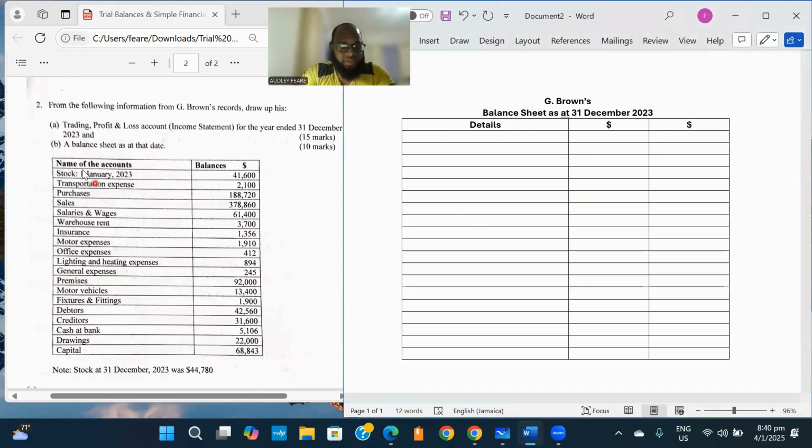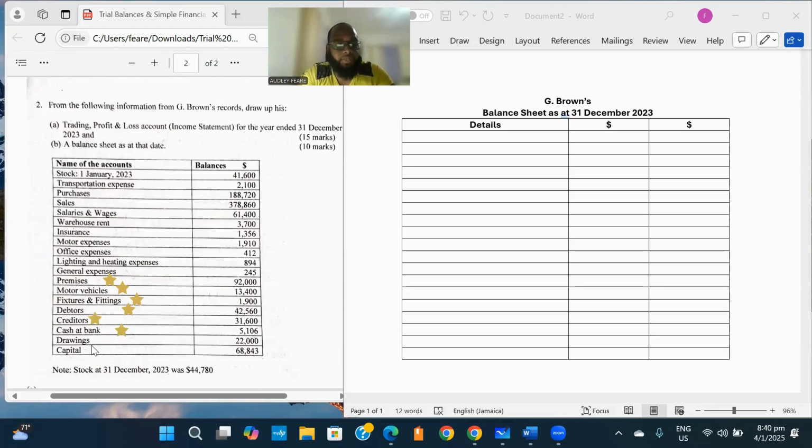So we know that everything up here, from stock to general expenses, we mentioned that they actually go into the TPNL. So for the balance sheet, we need our assets, our liabilities and our capital. We have our assets here. Those are our assets. And we have a liability here, creditors, only one.